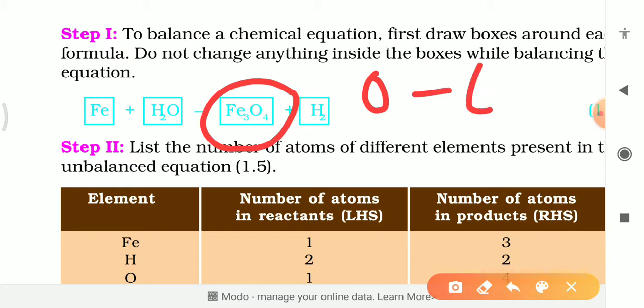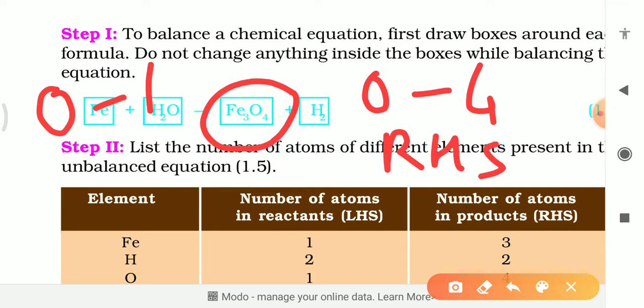Oxygen has 4 atoms on the right hand side, and on the left hand side oxygen has only 1 atom. In this way, one by one, we can balance the equation, because I told you that balancing the equation means satisfying the law of conservation of mass.